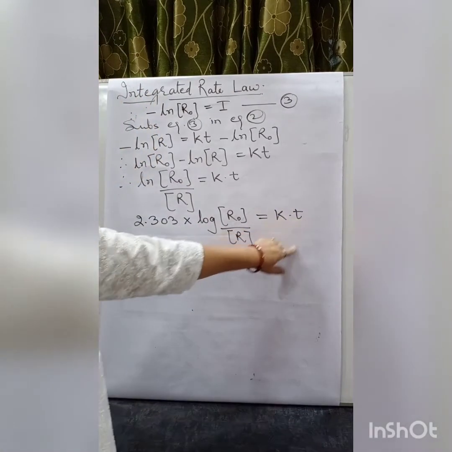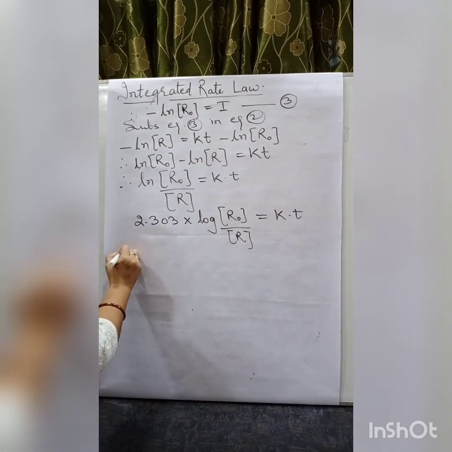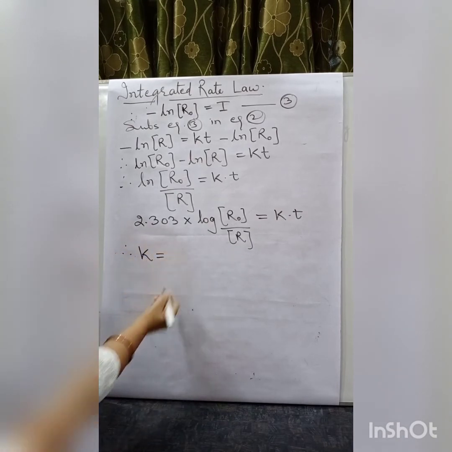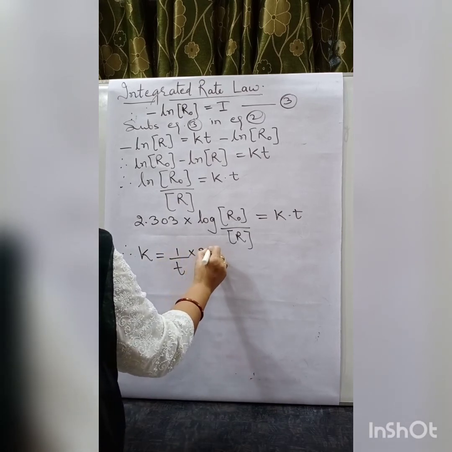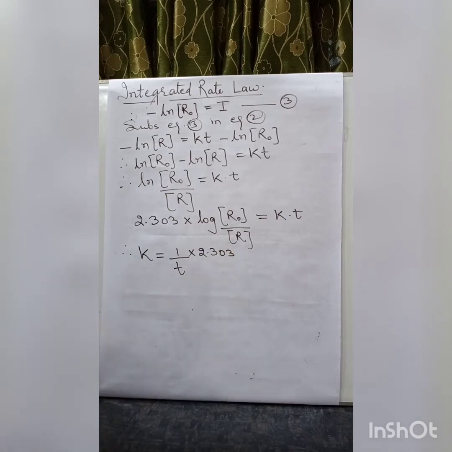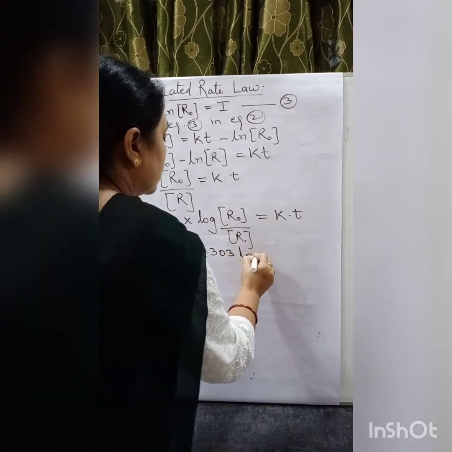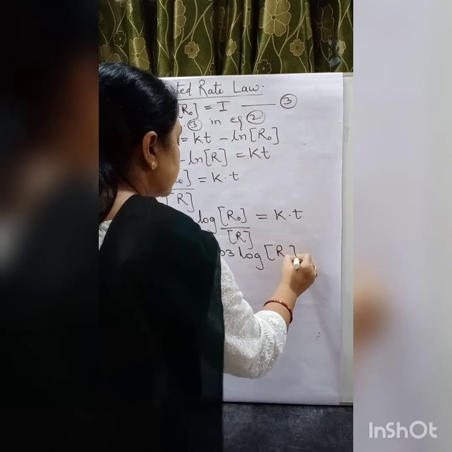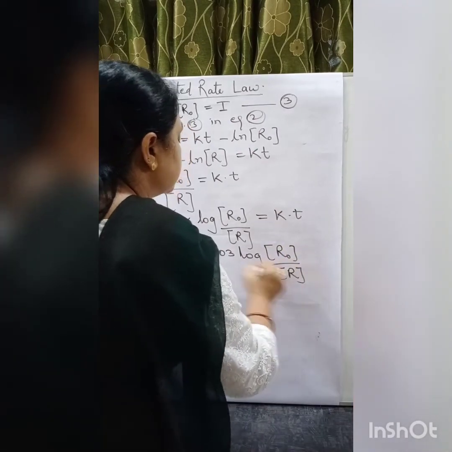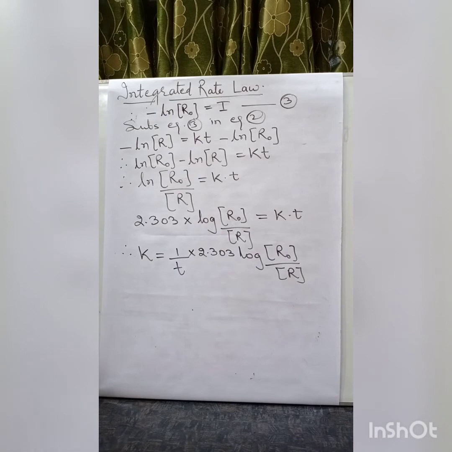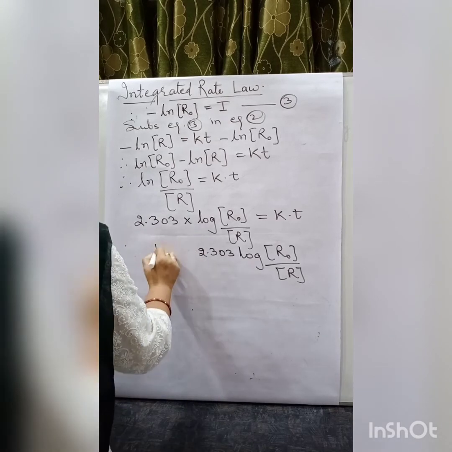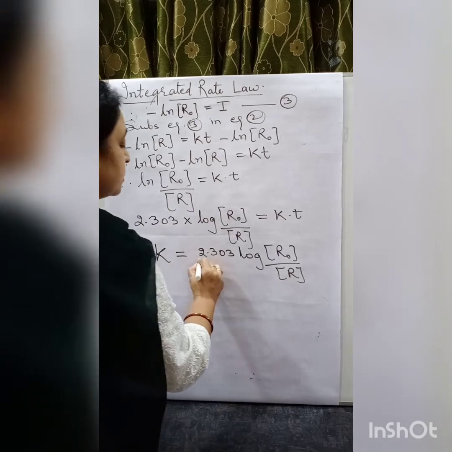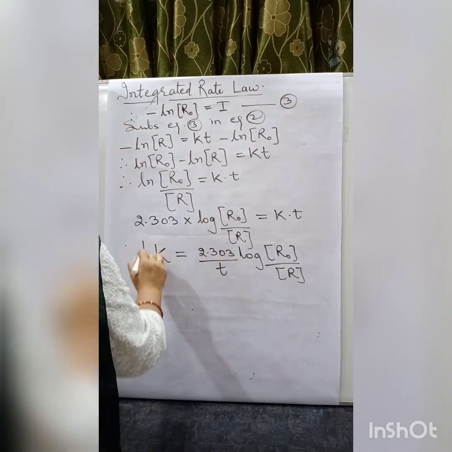Now if I take t on this side, we can write therefore k is equal to 1 upon t into 2.303 log R0 upon R. That means initial concentration upon final concentration. Right? We can write it like this also. K is equal to 2.303 upon t. Right?